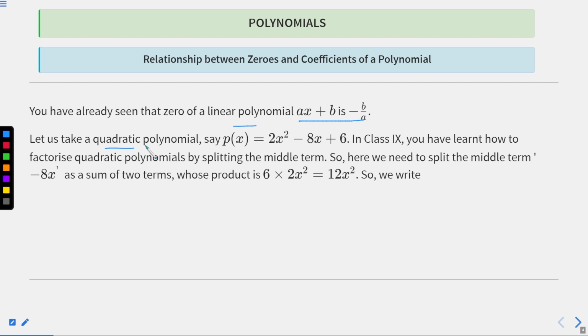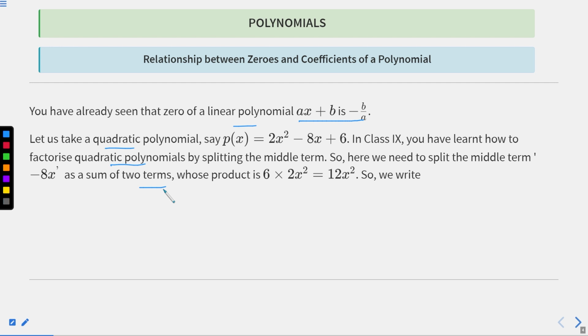Say p of x is equal to 2x squared minus 8x plus 6. In class 9th, you have learned how to factorize a quadratic polynomial by splitting the middle term. Here we need to split the middle term minus 8x as a sum of two terms whose product is 6 times 2x squared, that is 12x squared.